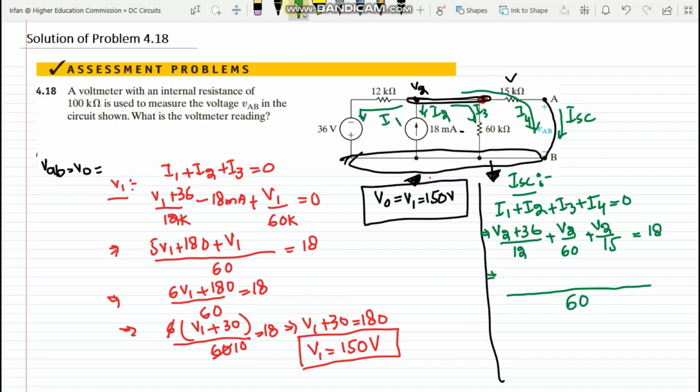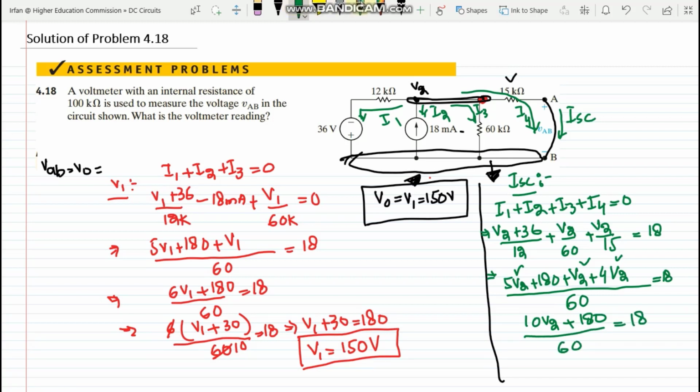Okay, so multiplying 5 here inside, I will get 5v2 plus 180 plus v2, and here again 4v2, and this is equal to 18. Okay, so now it would become 10v2 plus 180 divided by 60, this is equal to 18.